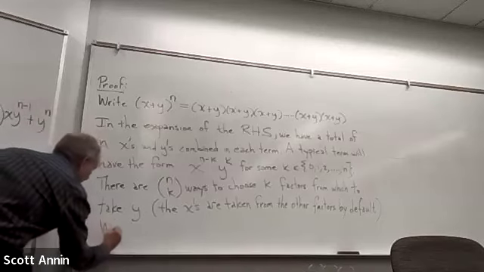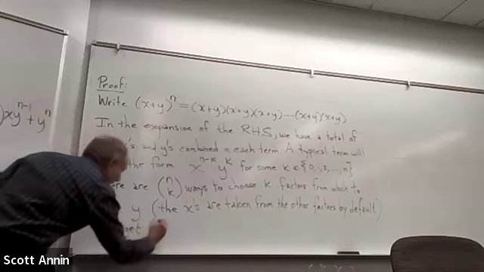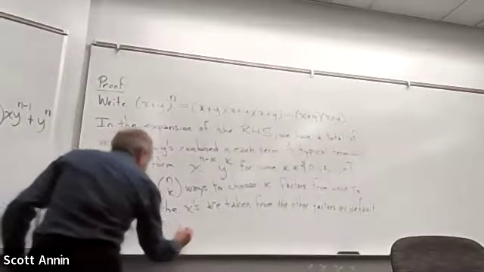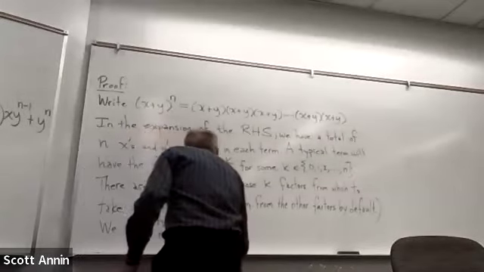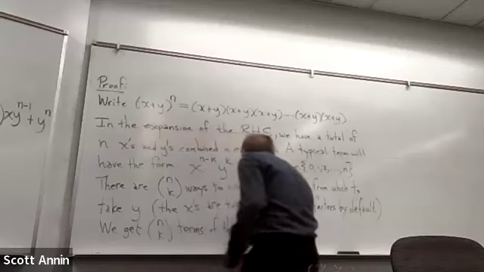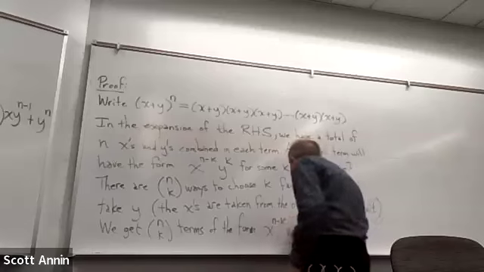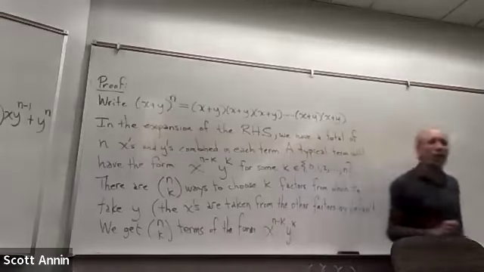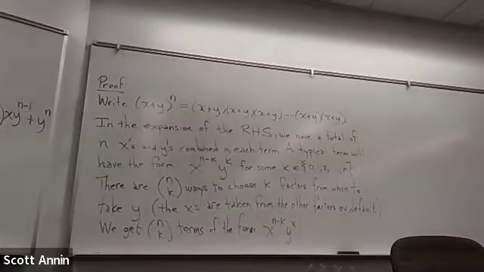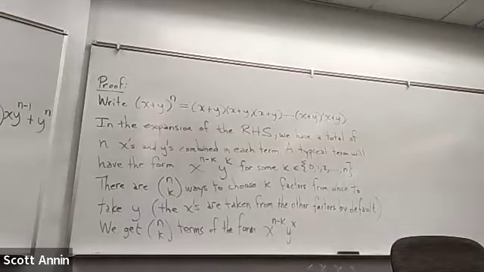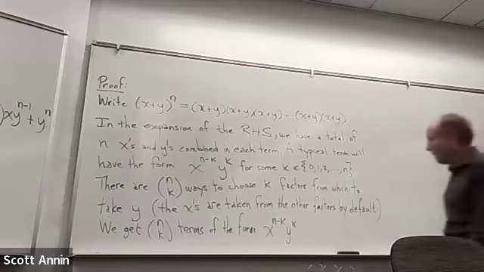So we get n choose k terms of the form x to the n minus k, y to the k. I know this feels like a little essay, but combinatorial proofs do involve a lot of writing.